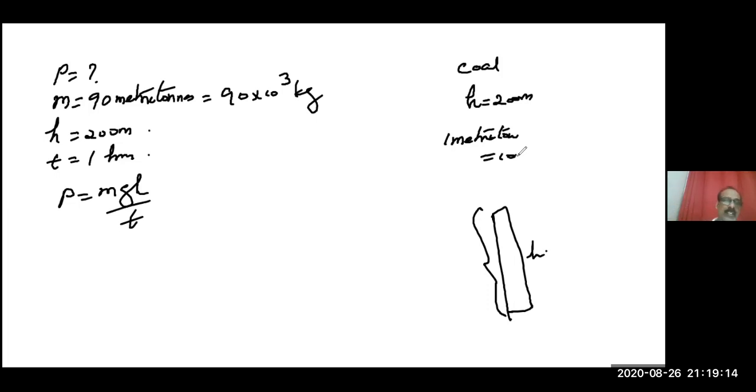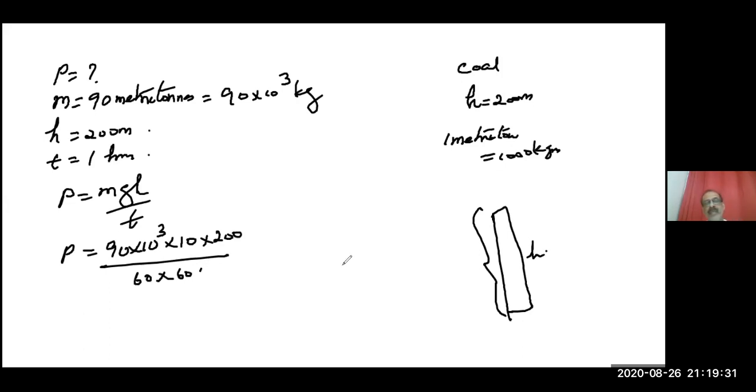So power is equal to 90 into 10 to the power 3 into 10 into 200, divided by time. 1 hour means 60 minutes into 60 seconds, which is 3600 seconds. So you will get an answer of 50,000.